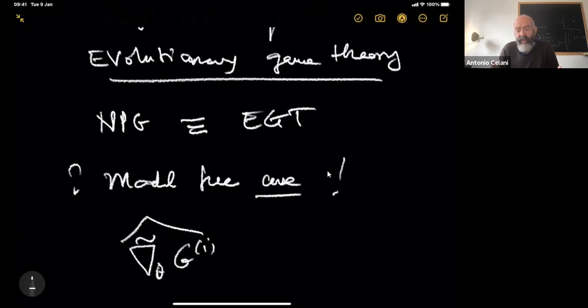And the upshot of this is that these algorithms are valid for any game. You don't need to know the structure of the game. You will play the same algorithm, whether it's matching pennies or the odd-even game, or whether it's a prisoner's dilemma. And they will have all the same theoretical guarantees which are connected to evolutionary game theory.